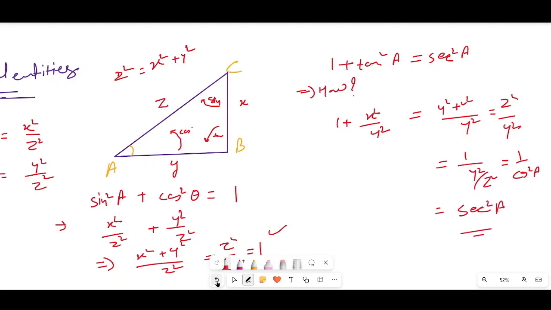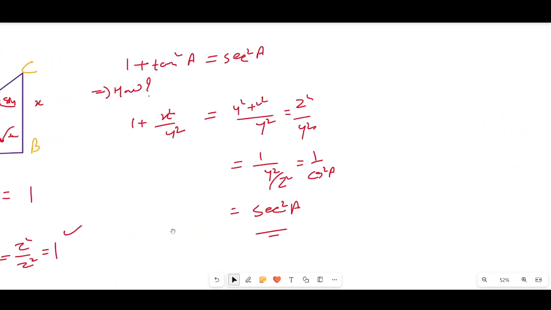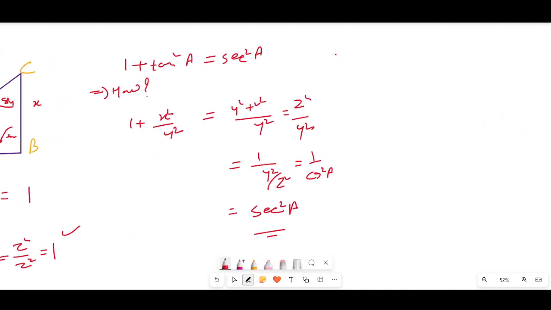Clear? Now in the same manner we can say that cosec square A minus cot square A will be 1, and with the help of these identities we will be able to solve any type of problem. In the next video we will solve more problems about this, but you should write the same things in the same manner.